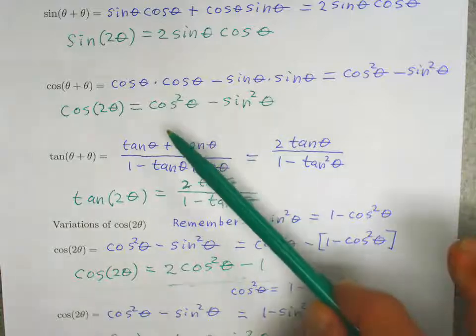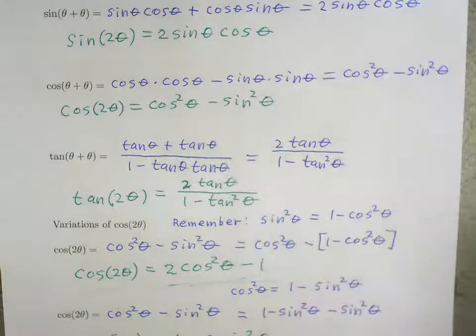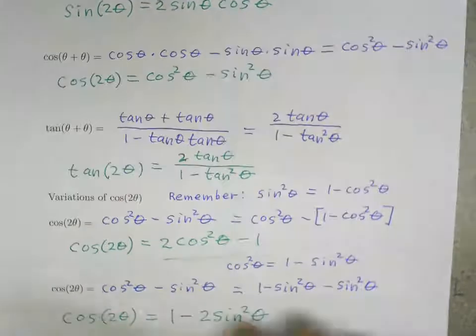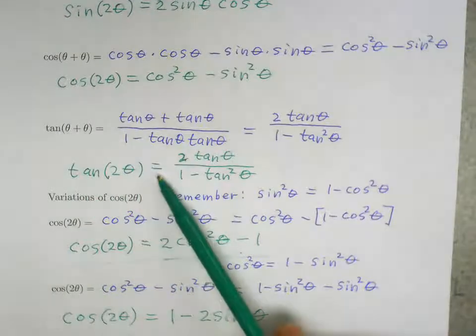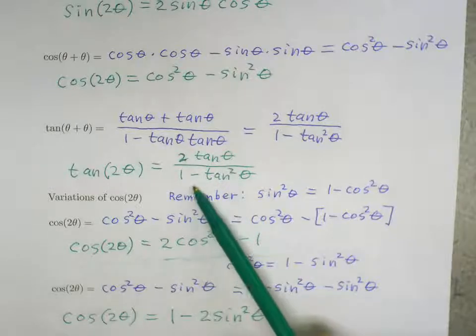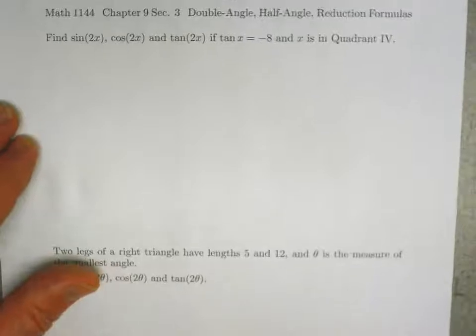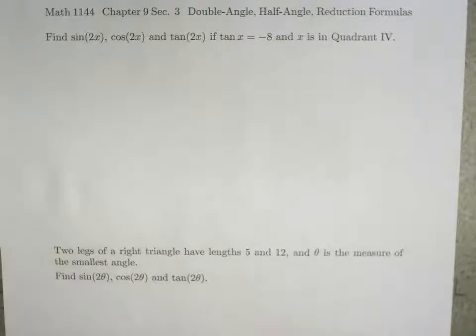And we can find the other two variations by substitution. And then tangent of 2 theta is equal to 2 times tangent of theta divided by 1 minus tangent of theta squared. Okay, so let's apply those in a couple of exercises.